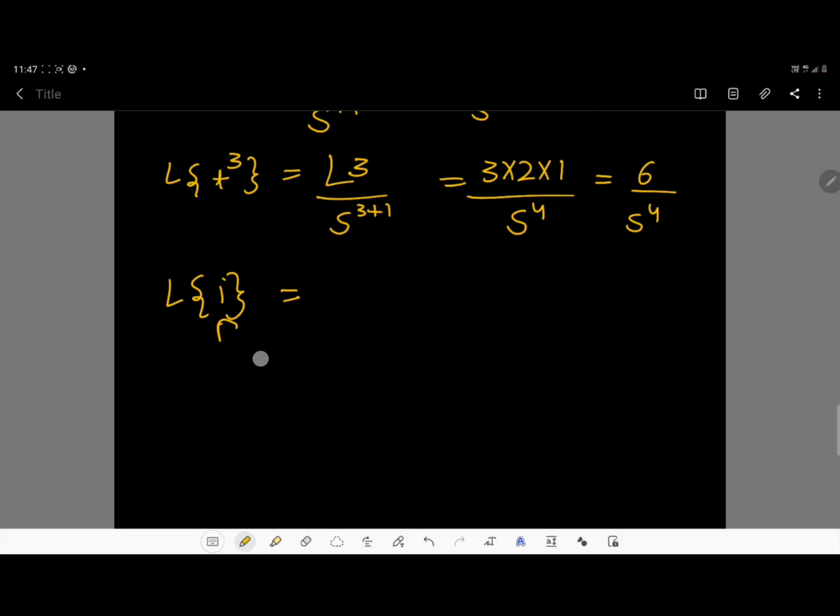Hence it will be 0 factorial upon s raised to power 0 plus 1. 0 factorial is 1, and 0 plus 1 is 1, so this will give 1 upon s.